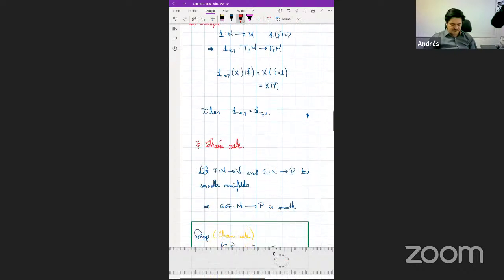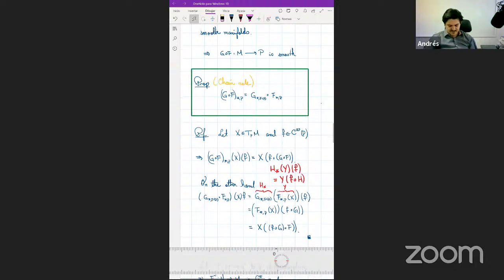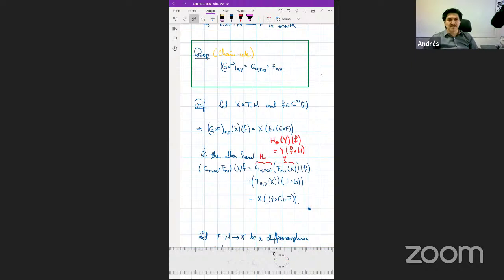Okay, so now that we are done with the chain rule, let's look at diffeomorphisms, right? So I have a diffeomorphism between two manifolds. That means F is smooth. Always all of our functions will be smooth.